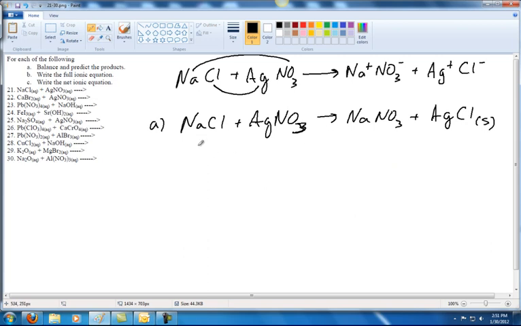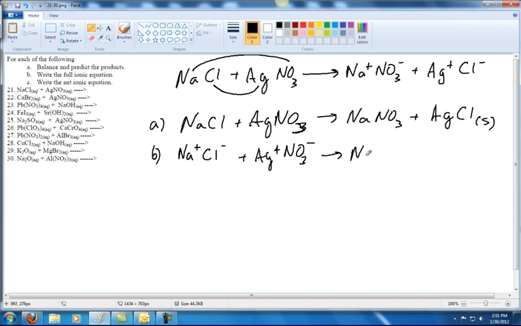The next thing we want to do is do part B, which is show the full ionic equation. So to do that, I'll draw pictures of everything we've got here. So we've got NaCl, so it's just going to be Na and Cl. The charges will be plus and minus, and we can get the charges from up over here. And we've got the AgNO3, so it'll be Ag plus and NO3 minus.